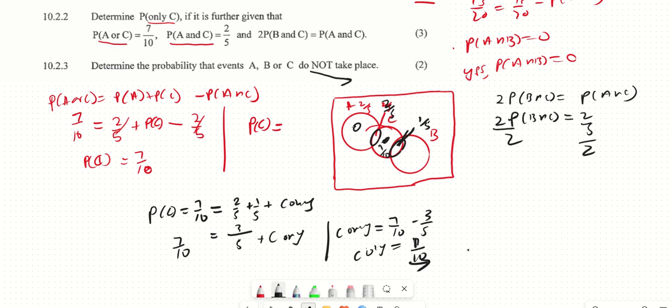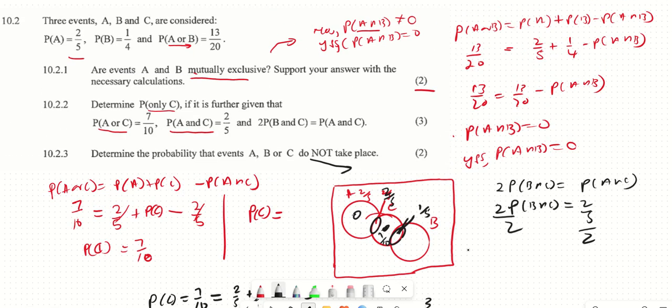So for the event B only, we're going to take the event B minus 1 over 5. We can find B only. The probability of B is 1 over 4 minus 1 over 5, which is 1 over 20.